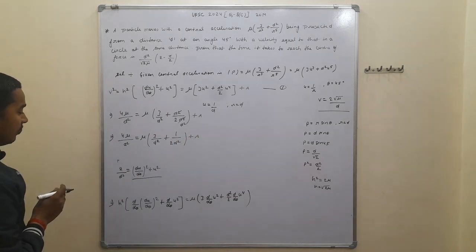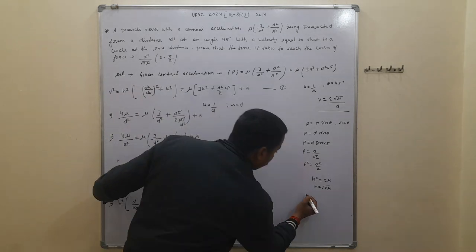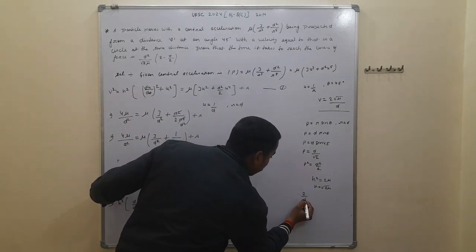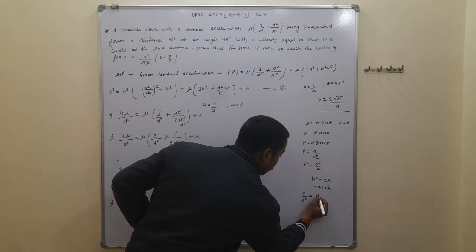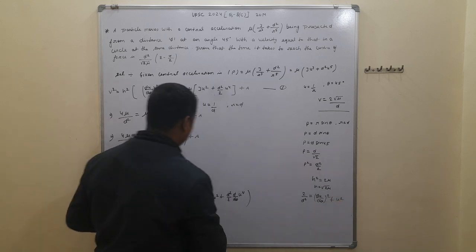Further we have to solve, we can write here that 2 upon d square is equal to du upon d theta whole square plus u square.